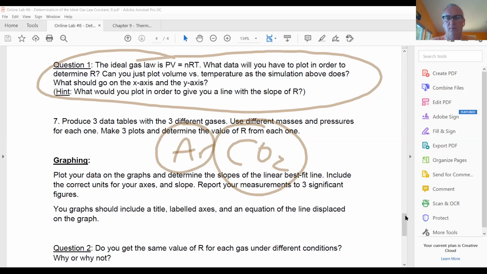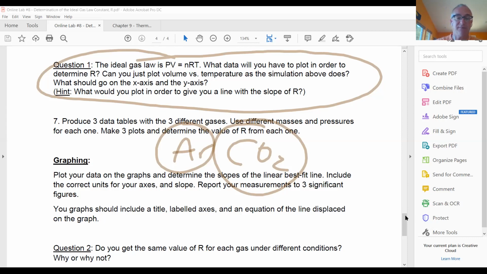Should be constant. Is it? This is a guess. That's a good guess. My answer is I don't know. I've only done nitrogen so far. I don't know if they'll be different, and it wouldn't surprise me if they were.